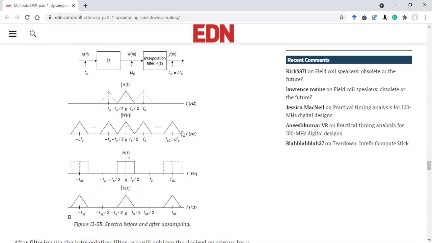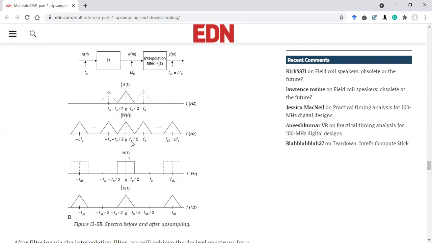What happens to the signal? It expands and it starts to repeat up till L times fs, right? So in our case, our L is equal to 5, isn't it?